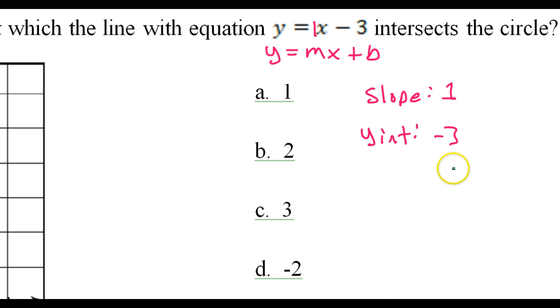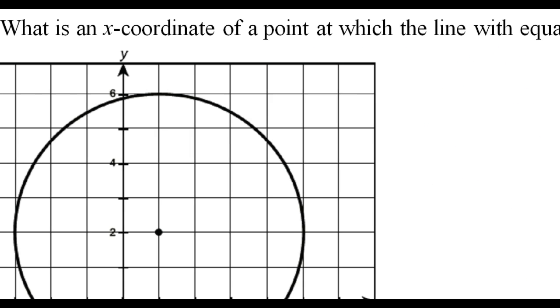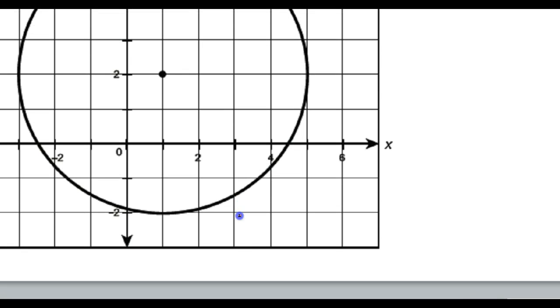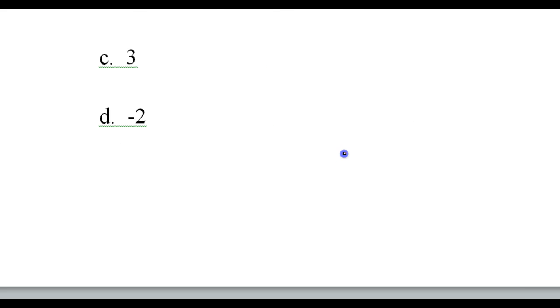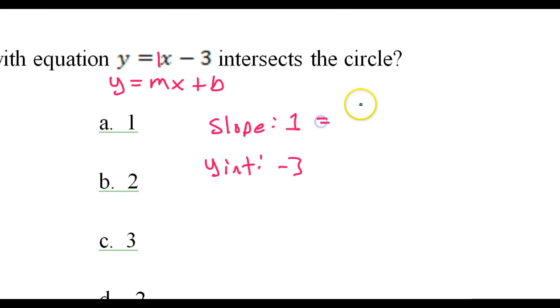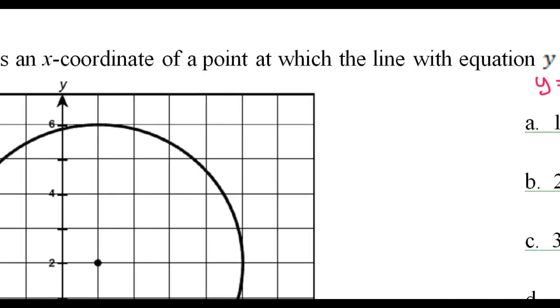So if the y-intercept is negative 3, that means we can start off at negative 3, which would be right here. This would be my y-intercept. Now if the slope is 1, that means if I think of it as rise over run, rise over run in this case would be 1 over 1. That means up 1 and right 1, starting from my y-intercept.